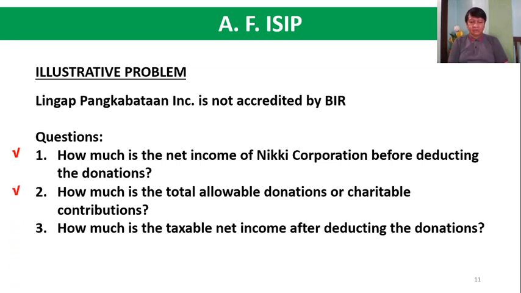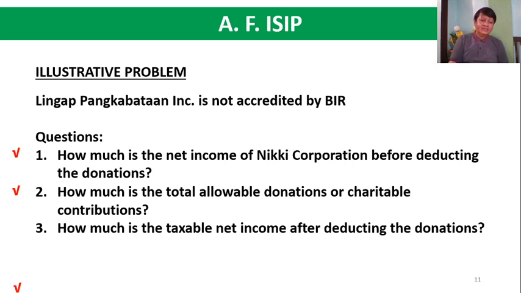How much is the total allowable donations or charitable contributions? Here, we will apply the BIR ruling that we discussed a while ago. We will now apply the limitations that we mentioned if the donations were made to non-accredited charitable institutions.